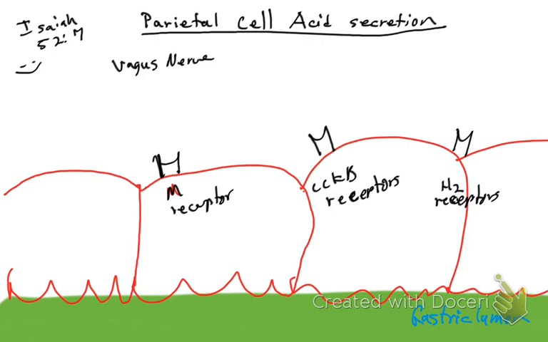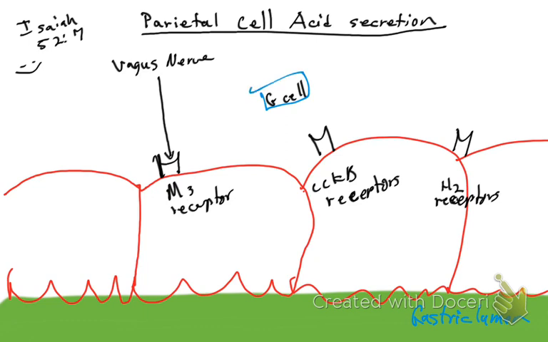We need the red. Okay, there we go. So the vagus nerve goes here, and also goes here, to the G cell. Here is a cell called the G cell.